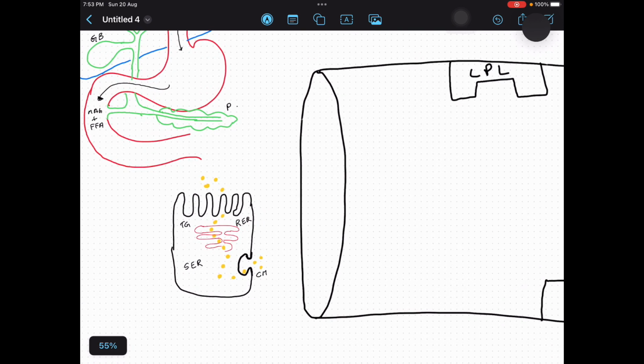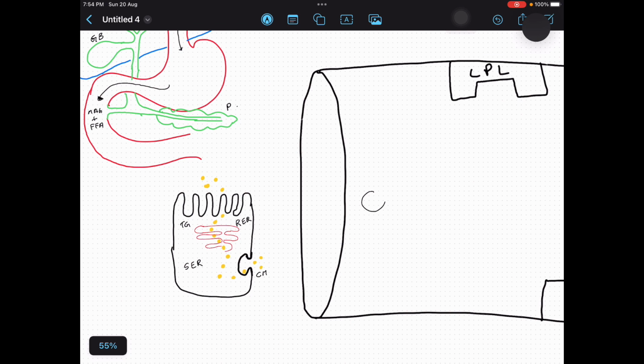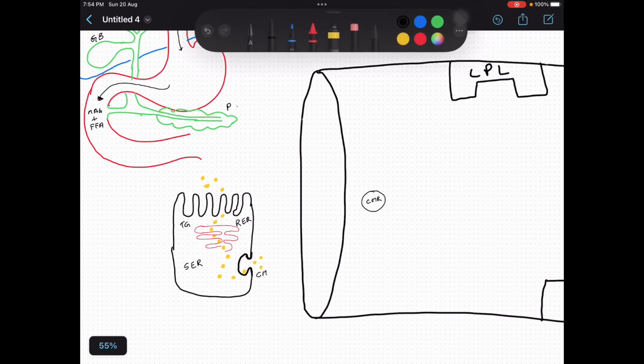Once it reaches the circulation, this is the chylomicron. It is called a chylomicron remnant. This chylomicron will have ApoB48 attached, and inside there will be triacylglycerol and cholesterol.